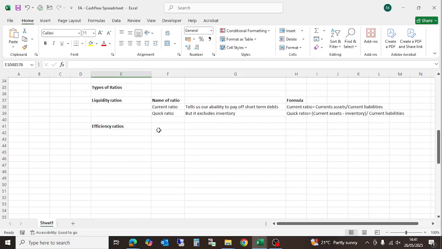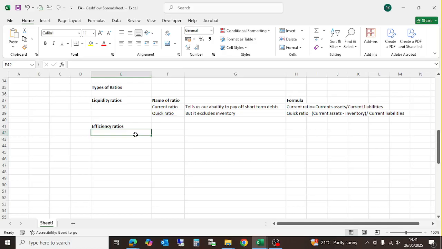So efficiency ratios basically show us how we utilize our resources, maybe human resources, or how we use our machinery, or basically anything. It's looking at the usage. They're also called efficiency or activity ratios.